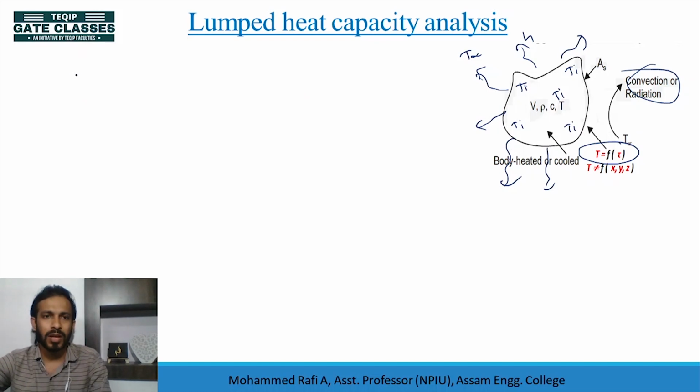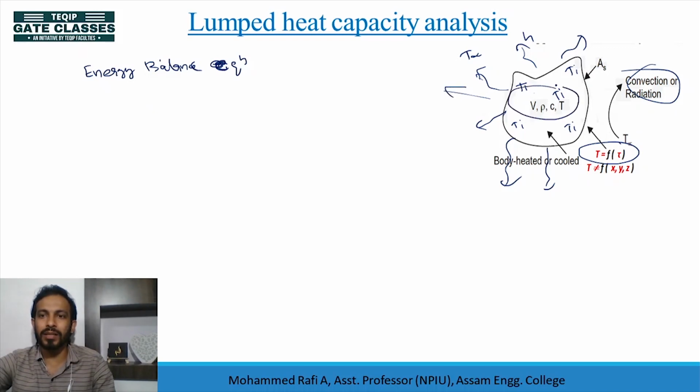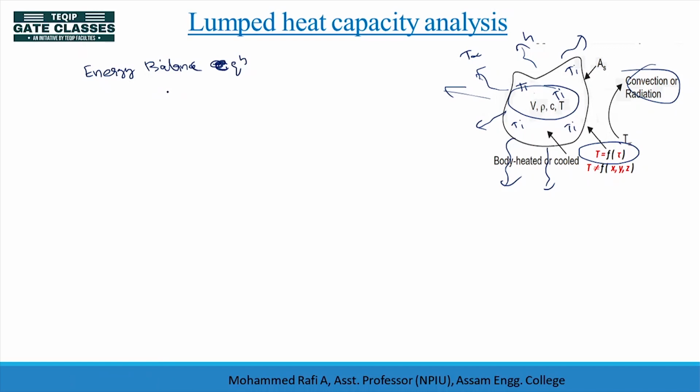So for this case, if I write the energy balance equation, whatever heat is convected will result in the temperature drop of the body. I will just make the screen bigger.